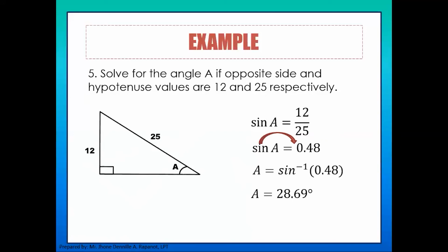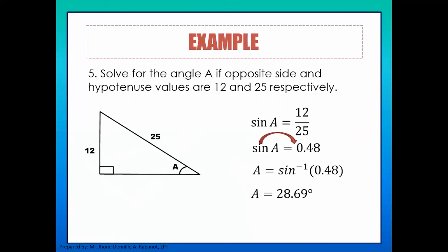Hopefully, everything is clear in this example. Again, what I want you to remember is first, analyze the given right triangle illustration and think of a trigonometric function that you can apply in order to solve for the angle or the theta.